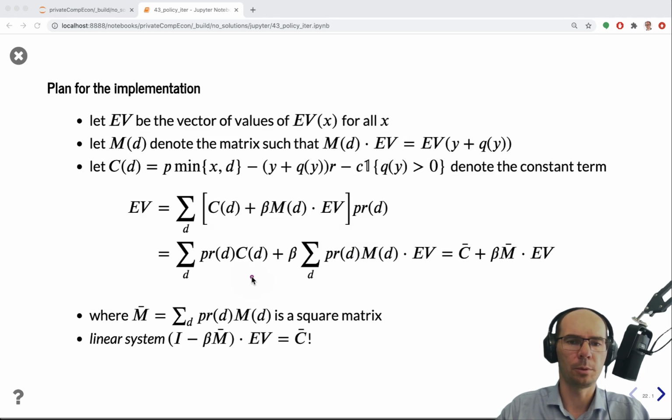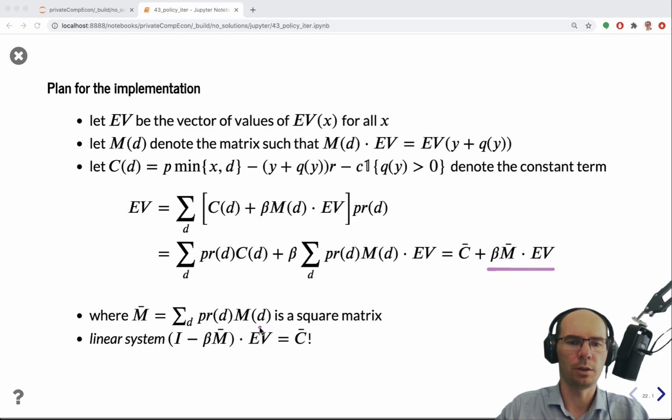Right, so open up, do a little bit of algebra. We have this expression, which I just denoted as C bar, and we have this expression. And here, this probability of D is just a constant, so we can just pre-multiply this M of D matrix with this constant.